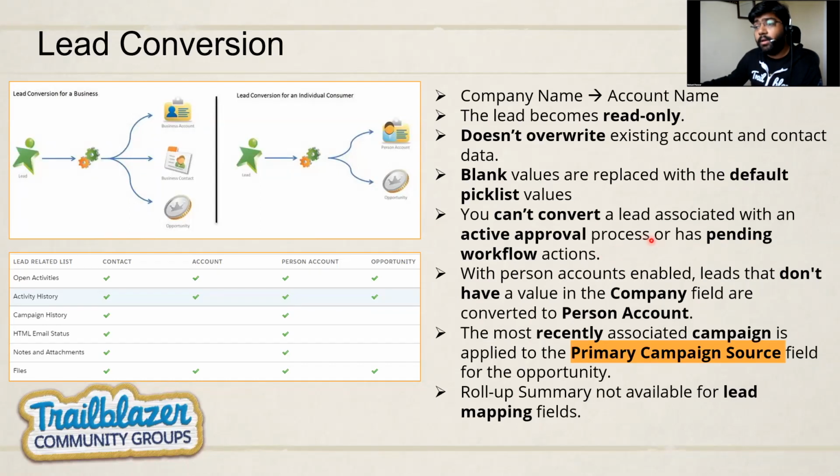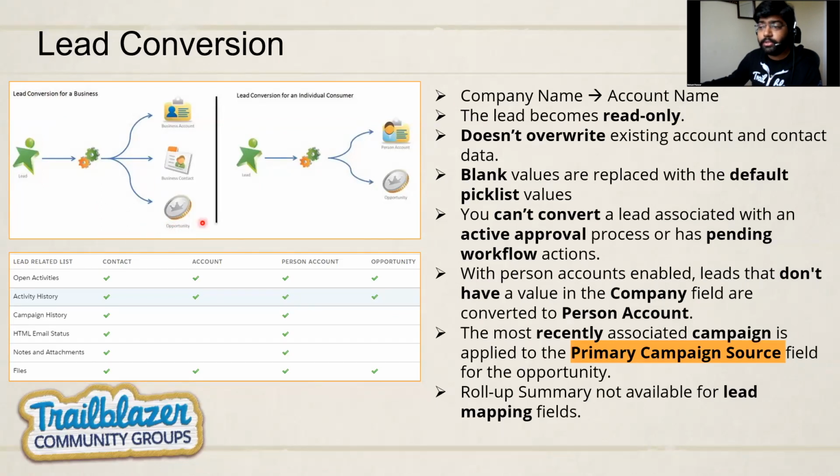And the leads are associated with campaigns, right? We saw in the beginning that on a campaign, the leads will be linked and then you convert them into account, contact, and opportunity. So when you create the opportunity, the campaign information from the lead will be populated in the opportunity as the primary campaign source.